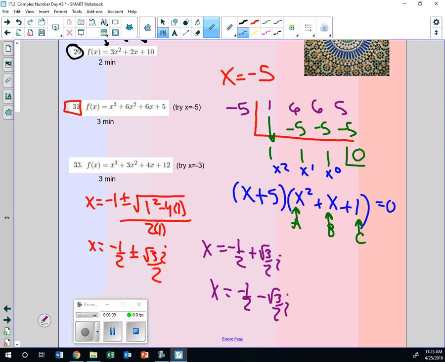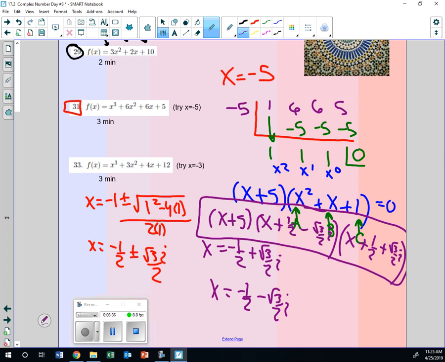So when we write these as factors, we go x plus 5, then we go x, move everything to one side, minus a negative 1/2, minus the square root of 3 over 2 i, times x minus a negative 1/2, minus a negative square root of 3 over 2 i. And that is an ugly but totally factored out polynomial.